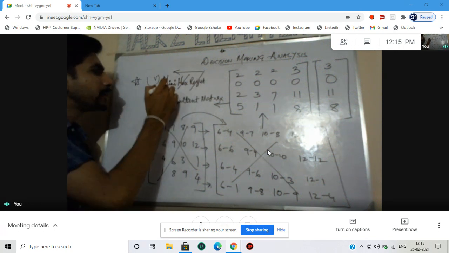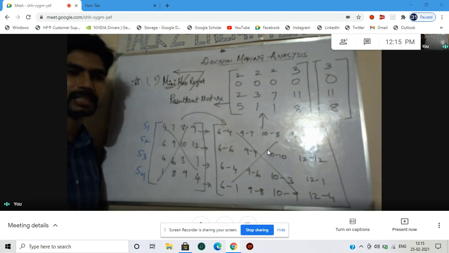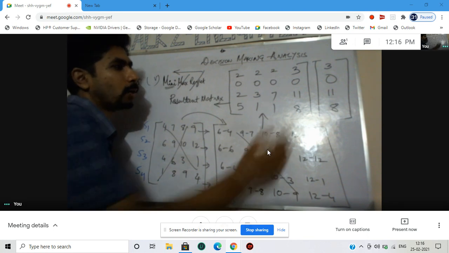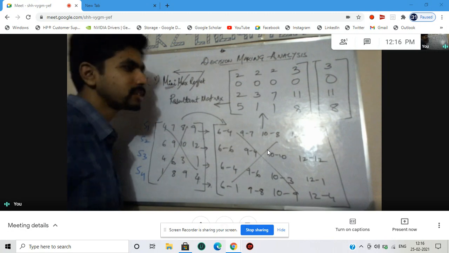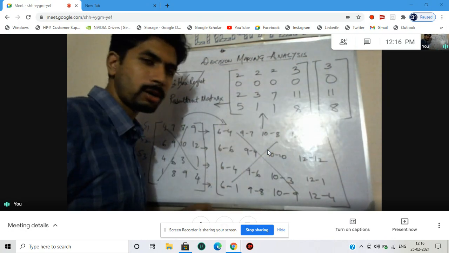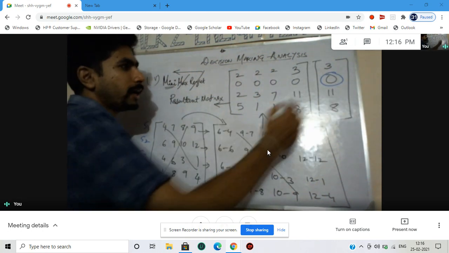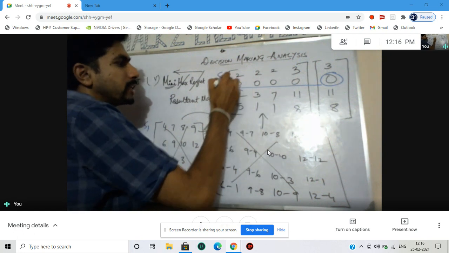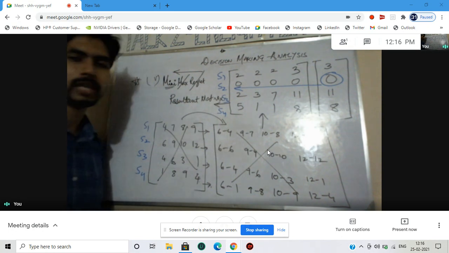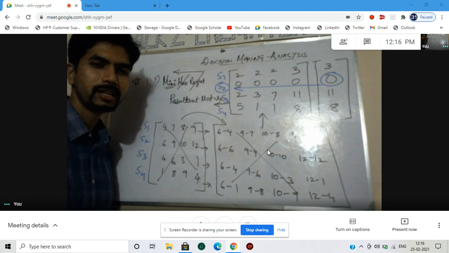Now next, minimum. Again, in that particular selection, you need to see which is the least value. Now if you see this particular selection, the least value is 0. Is that clear? Okay. So if you see which is the corresponding strategy, the corresponding strategy is S2.